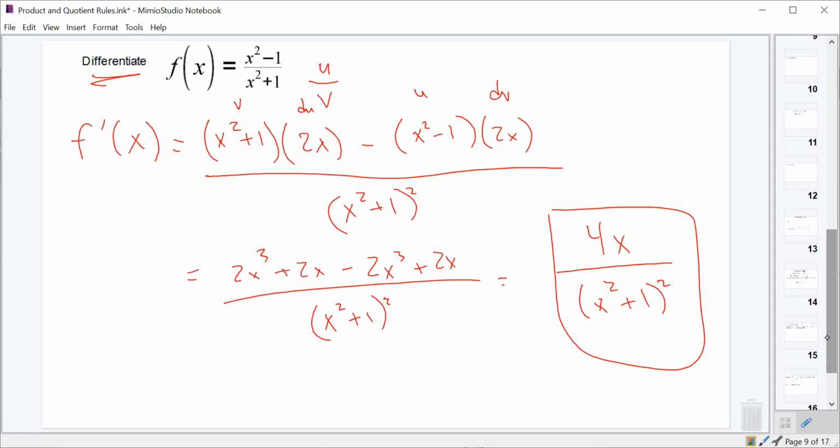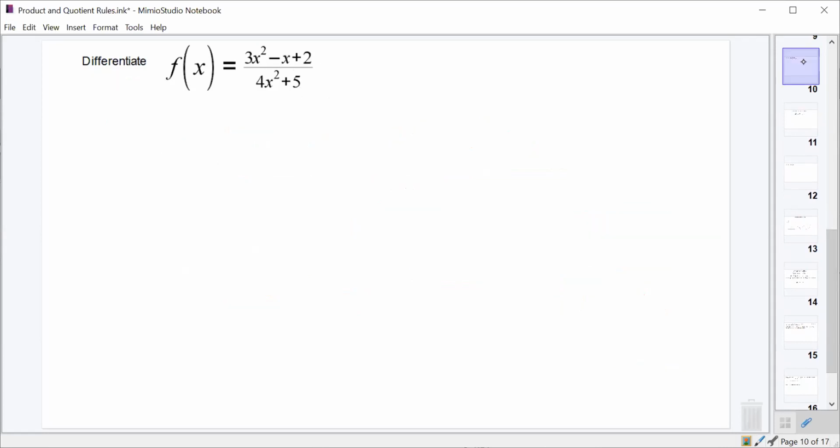All right. Let's take a look at the next one. You guys want to do this one on your own real quick? Yeah. All right, I give you 2 minutes. So use the quotient rule to find the derivative and then simplify it a bit if you want. So f prime of x ought to equal what?